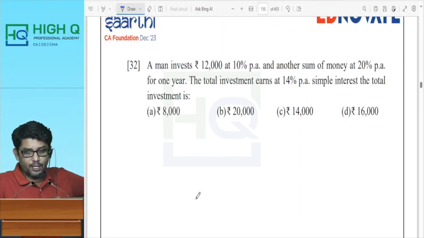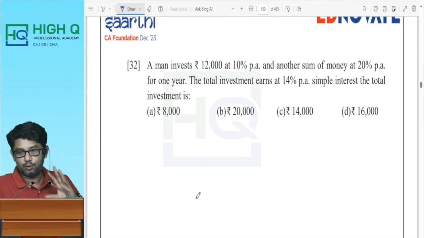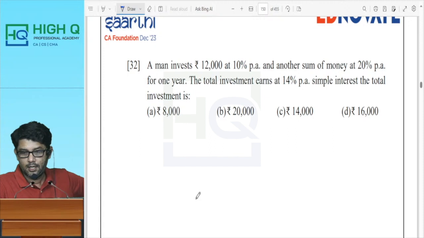A man invests 12,000 rupees at 10% per annum and another sum of money at 20% per annum for 1 year. The total investment earns at 14% per annum simple interest. The total investment is, I'm giving you 2 minutes time. Please solve this. Sir, how to find roots in simple method?